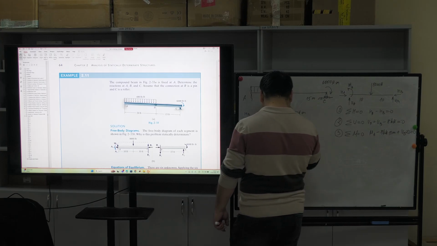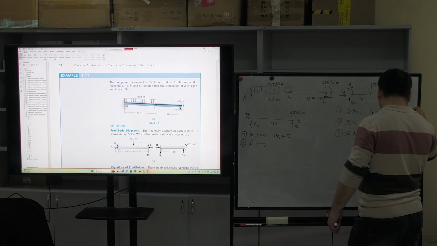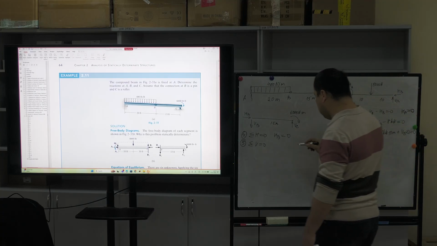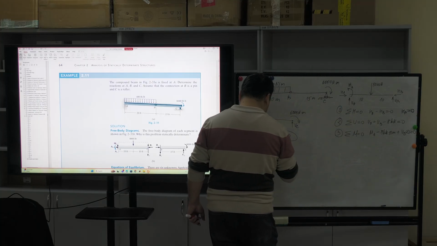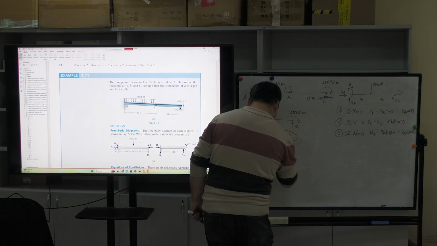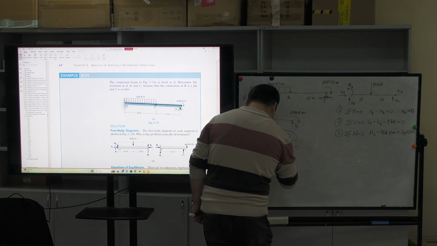From here I can find HA is equal to 0. 2 unknowns are already found. Next one is just minus VB plus VC is equal to 0. It means that VC is equal to VB.